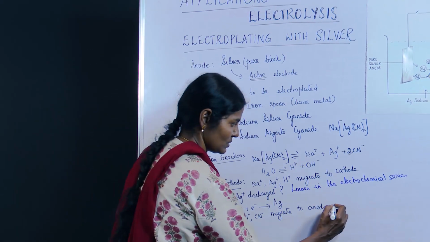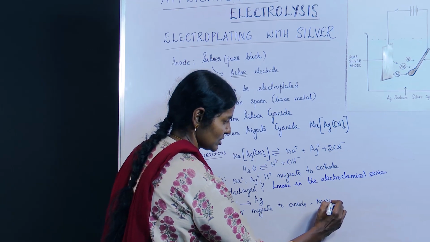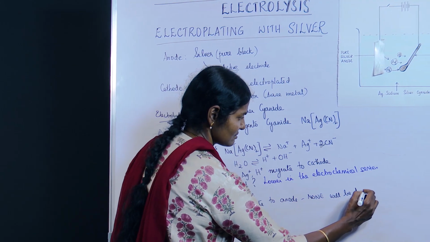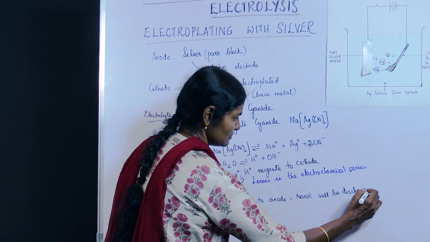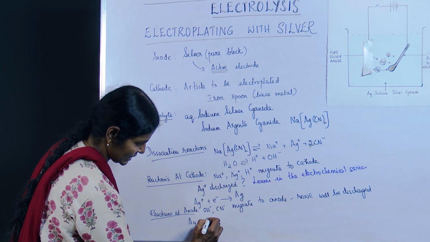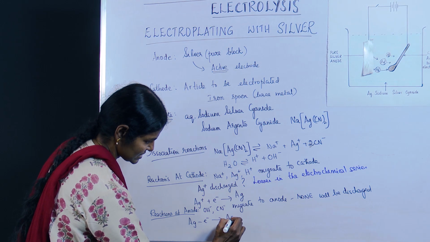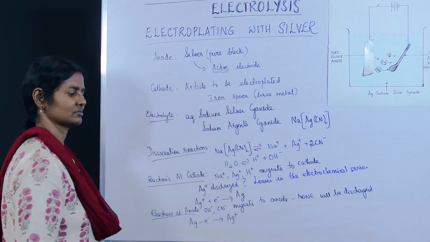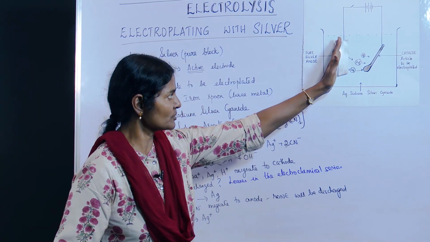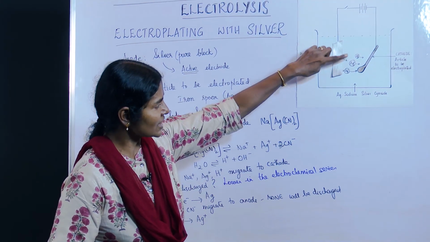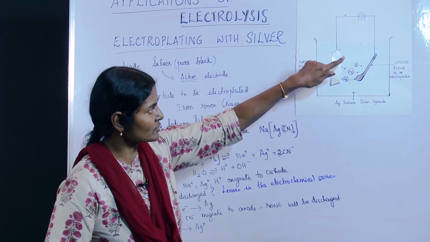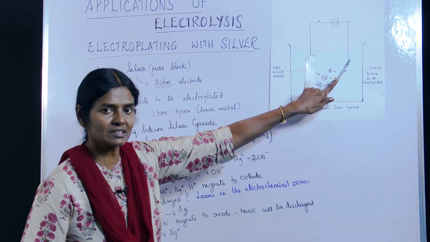Okay, so none will be discharged. Instead, this being active, silver would lose 1 electron and become silver ion. Okay, and this is how the reaction happens. So from the anode, it just ionizes into silver ions and these silver ions get deposited at the cathode.